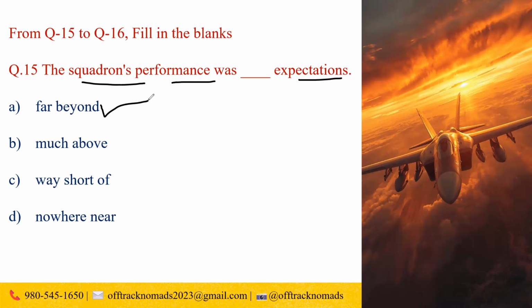It is going to be a positive sentence. The simple trick is whenever you go through fill in the blanks, understand the context. You're talking about the performance of the squadron, so definitely no negative part. It has to be a positive part only. Okay, next one.